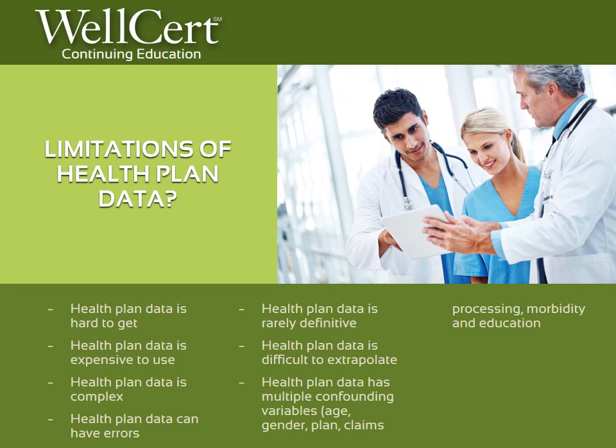So there's a lot of confounders when it comes to how we analyze health claims information that comes from healthcare utilization of various people in a population. However, health plan claims data is considered the smoking gun for determining the value, particularly the return on investment value of wellness. So these are some of the limitations that we are confronted with when we want to use health plan claims data.